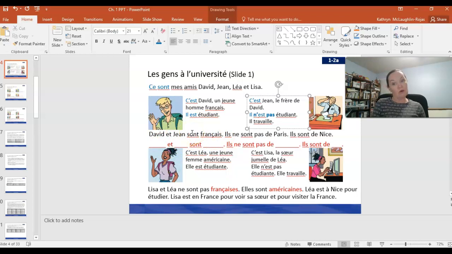Sont goes along with David et Jean because there's two of them. Okay. Ils ne sont pas de Paris. They are not from Paris. So if we put ne and pas around that verb, it becomes the opposite, not. Okay, ils sont de Nice. They're from Nice, which is in the south of France.